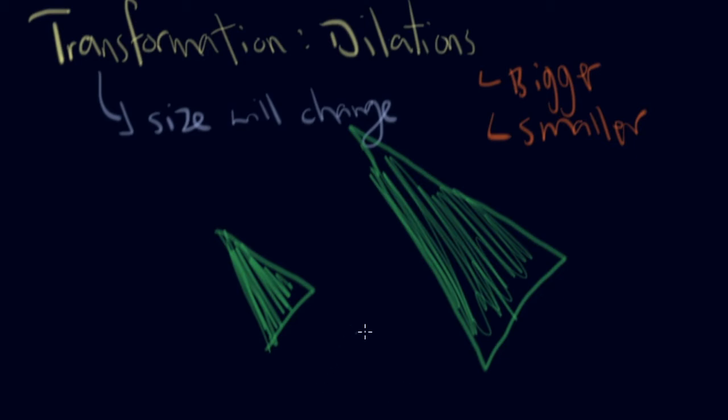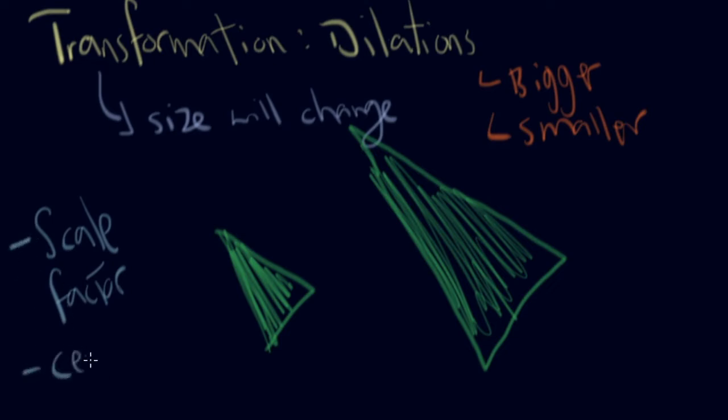Important to know is something called the scale factor, because we're going to enlarge things by the scale factor. The other thing that we really need to know is, of course, the center of enlargement. So there are two things.